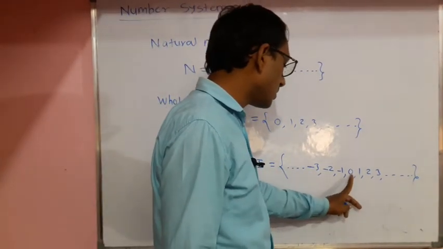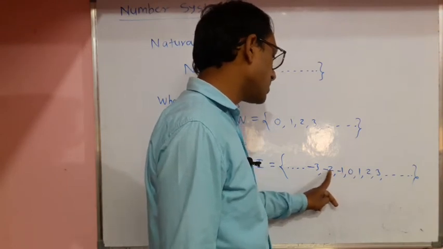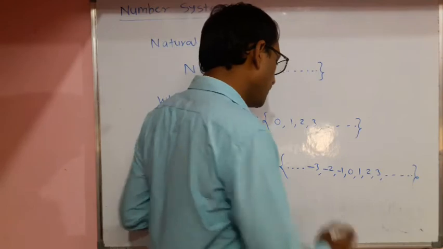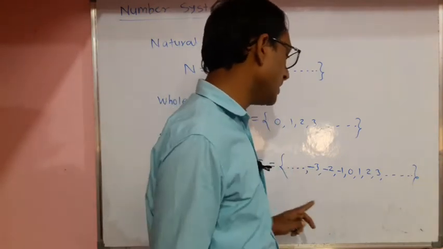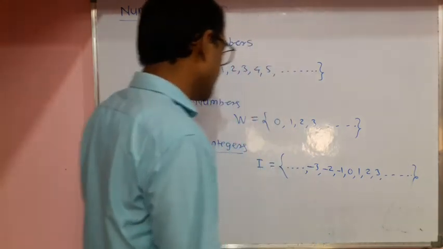To the left of 0, this contains negative integers -1, -2, -3, and likewise an infinite number of negative integers. And to the right of 0, this contains the positive integers.